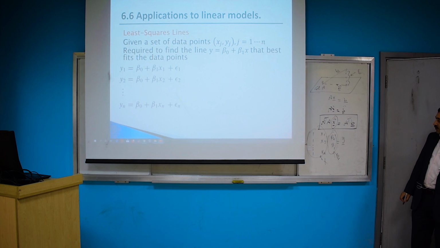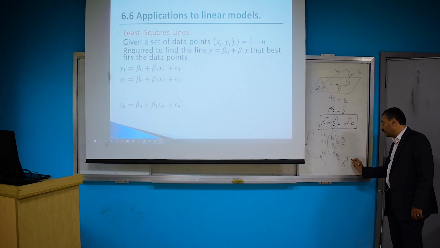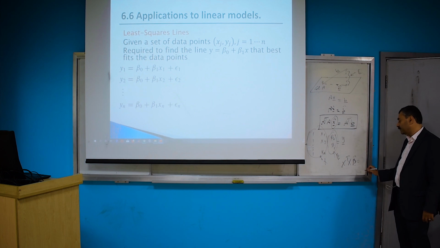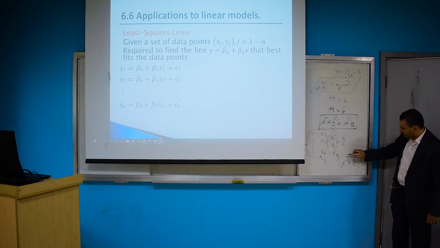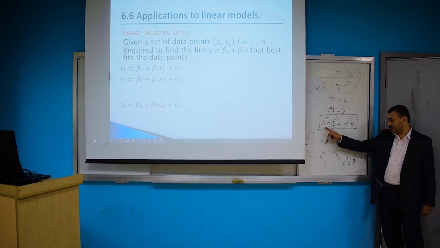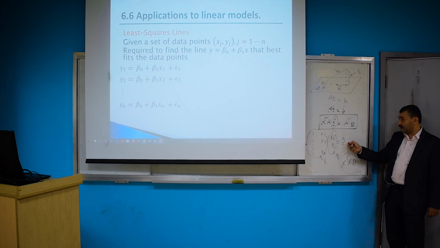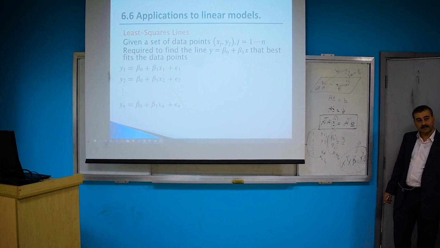So your least square solution would be given by X transpose X beta hat equals X transpose Y. It's actually the same equation that you have here, the matrix X containing the first column as 1s, the second column as the X for your data, and your Y is the Y of the data points. So simply substitute in this equation and then solve for beta hat.